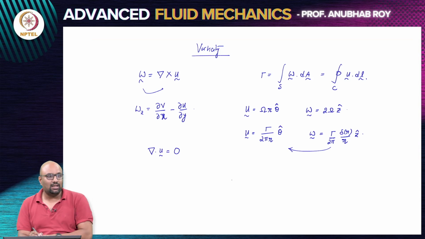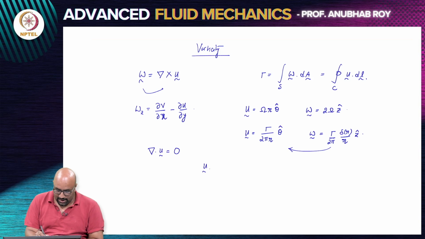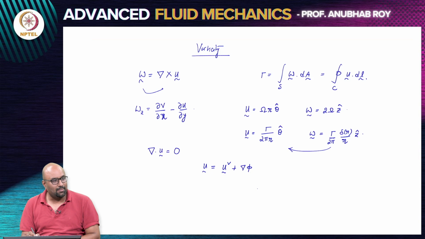Saying that the velocity field is already divergence free, I can write the velocity field as a part that is vortical or rotational and a part that is irrotational.